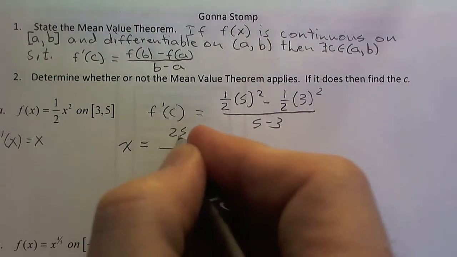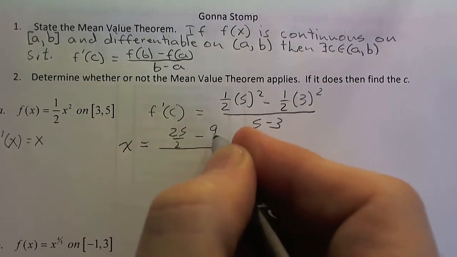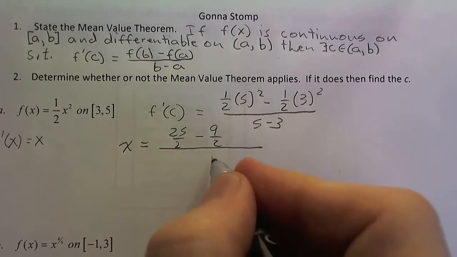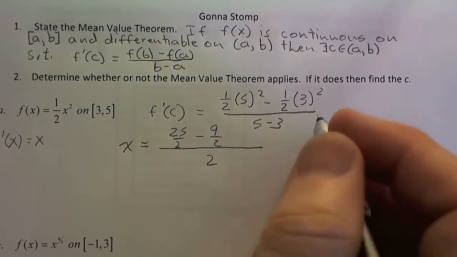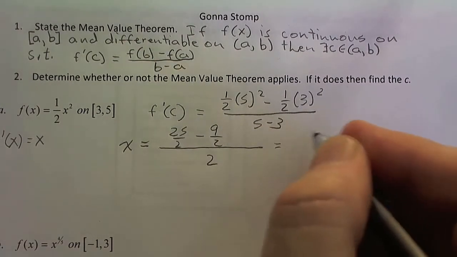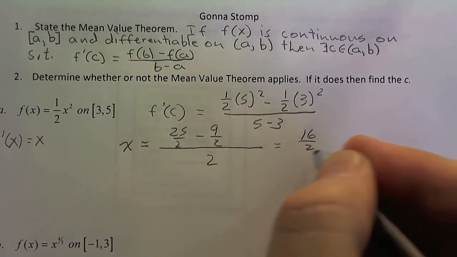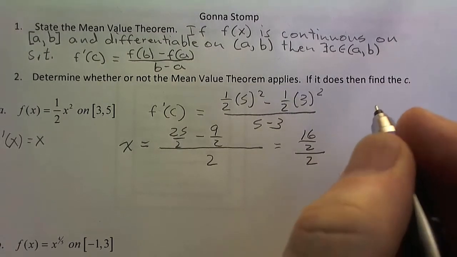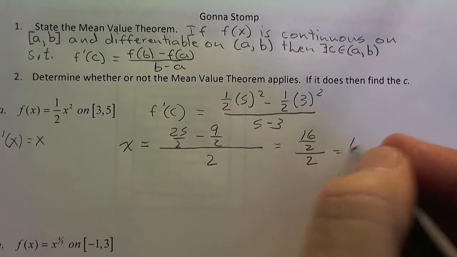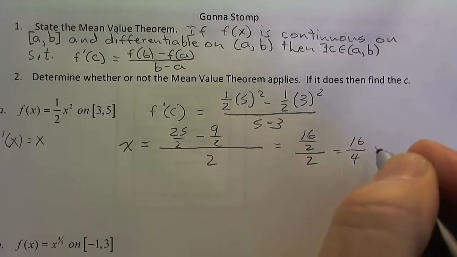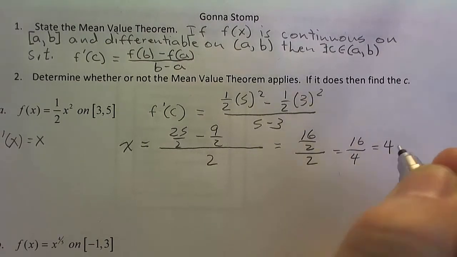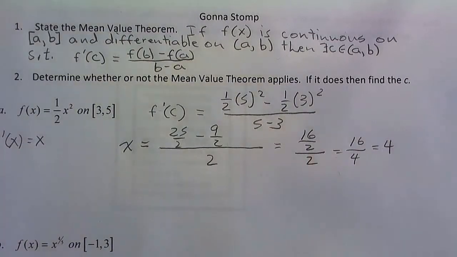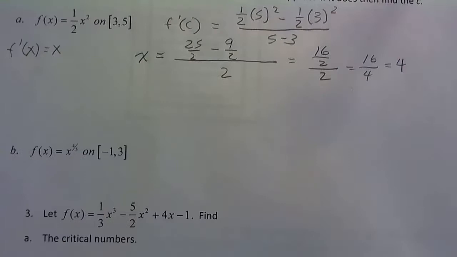We got 25 halves minus 9 halves over 2. So I guess that's going to be 16 halves over 2, which would be 16 fourths, which equals 4. So the answer is 4. So that one was pretty easy. That one fell out really quickly.